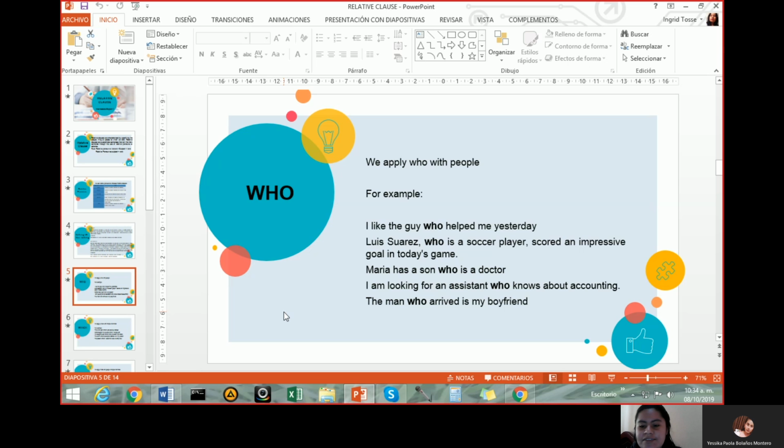Okay, now with the next. María tiene un hijo quien es un doctor. Now read it to me in English. Maria has a son who is a doctor. Okay, perfect. Now with the next. I'm looking for an assistant who knows about accounting. Yo estoy buscando un asistente quien sepa de contabilidad.